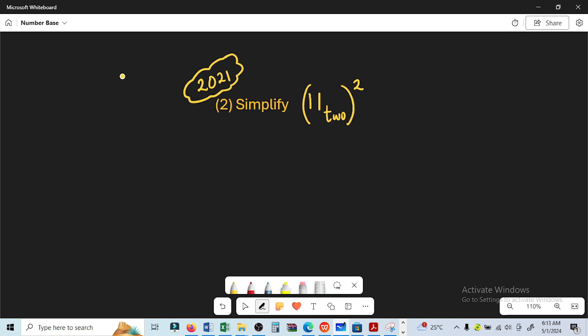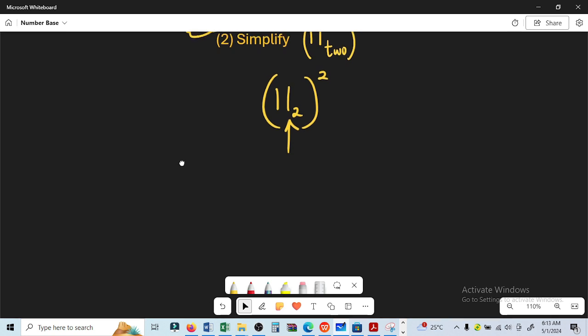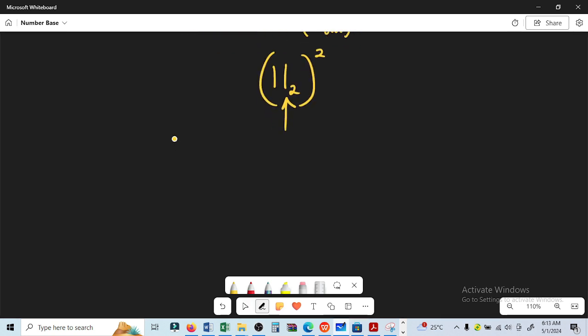It says simplify (11 to base 2) raised to power 2. The first thing we need to do is work out what is in the bracket. So what is in the bracket? We have 11 to base 2, meaning we need to change this to base 10 the way we've been doing. Okay, so how do you change this to base 10? Spread it.